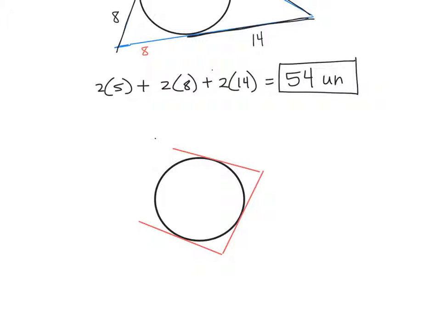So first thing to notice, we don't have a triangle anymore, right? We have a quadrilateral. And here are the pieces that we know. Again, don't worry so much about is it drawn to scale? We're just going to pay attention to the numbers for now.